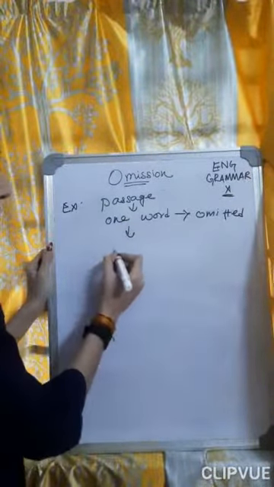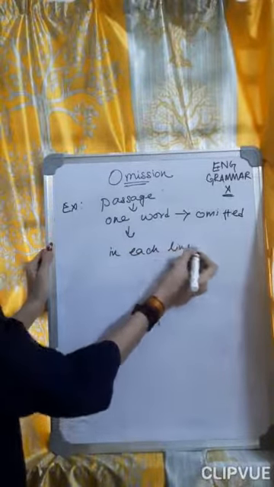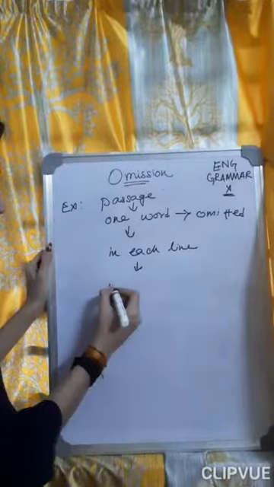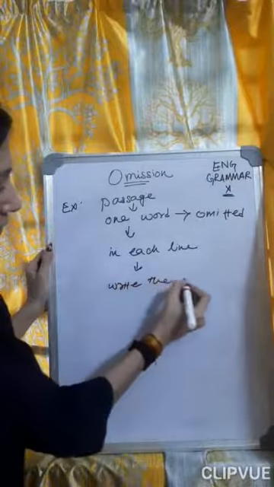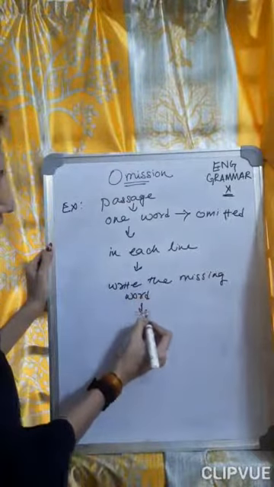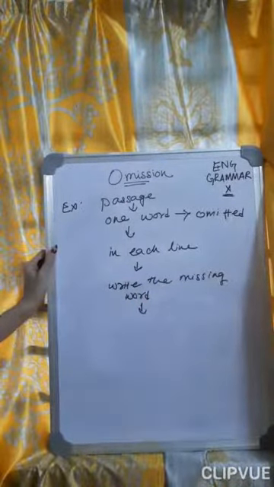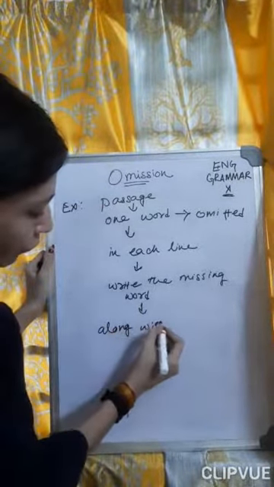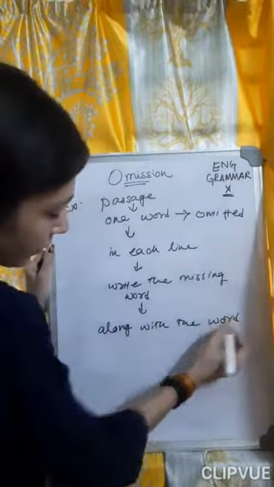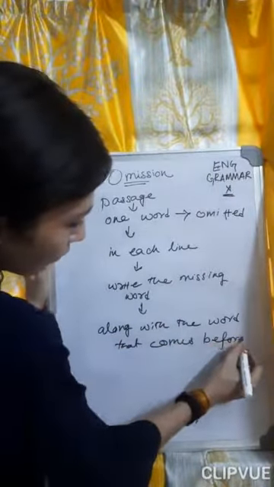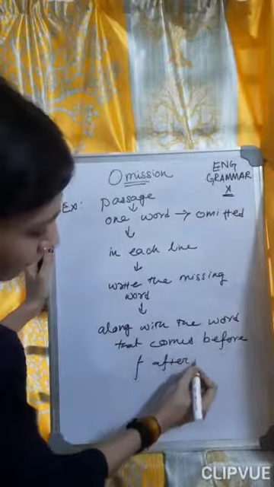Then what you have to do? Write the missing word. And how will you write this missing word? Along with the word that comes before and after it.